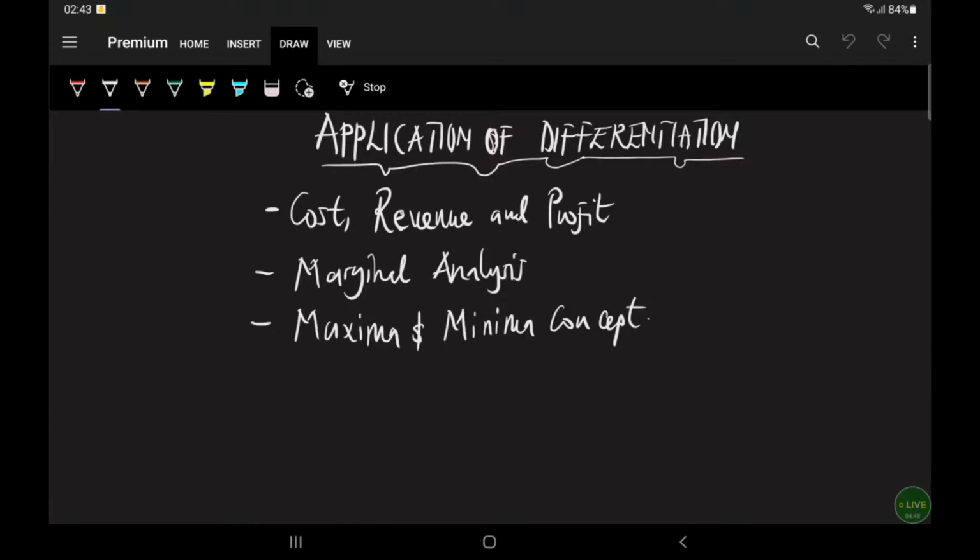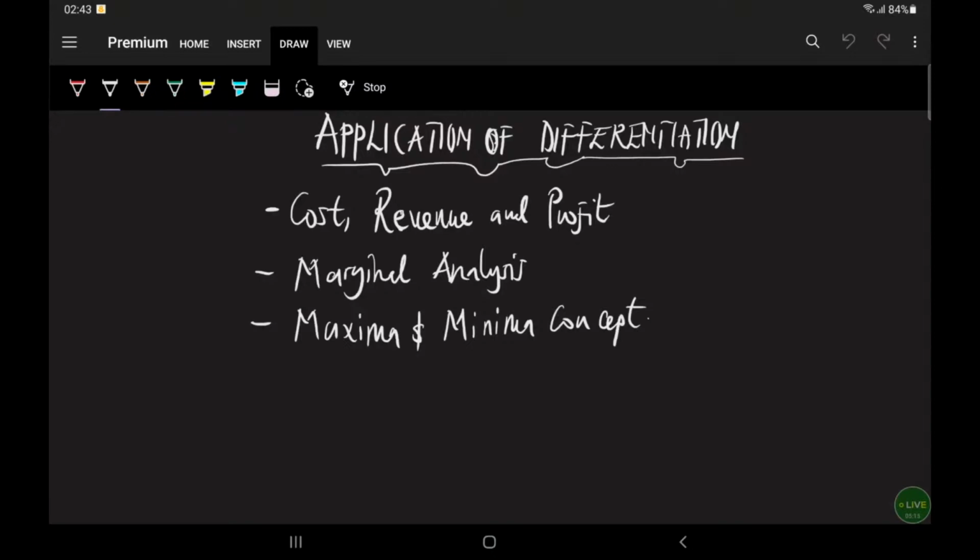Marginal analysis is a concept that helps business people understand the rate of change at which the output of a particular product and the cost, revenue or profit also change. So once you hear of marginal, we are talking about a change, or the rate of change, of that particular item, whether it's cost, revenue or profit, with respect to any other item.